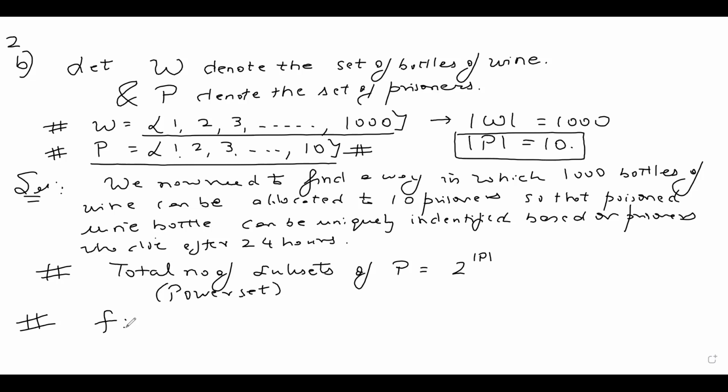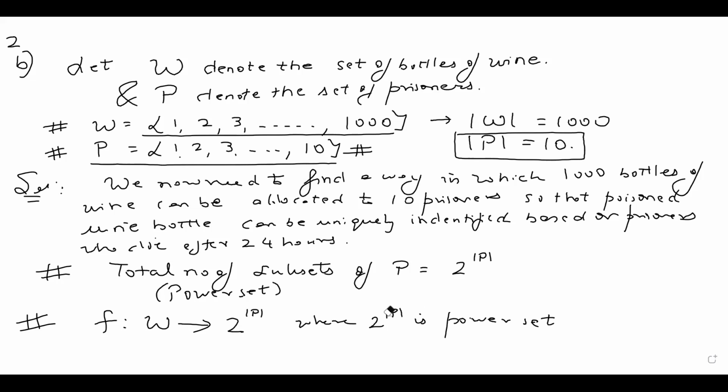The function maps bottles of wine to the set of all subsets of P, or I can say the power set of P, where 2 to the power P is the power set.